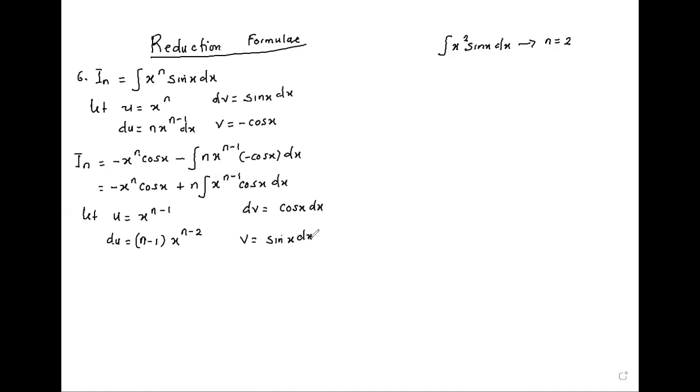Then we're now talking about the integral of x^(n-1) cos x dx. This is equal to x^(n-1) sin x minus the integral of (n-1) x^(n-2) sin x dx.